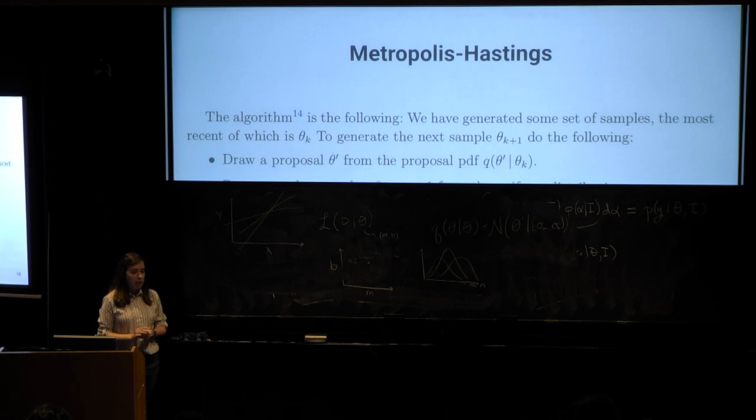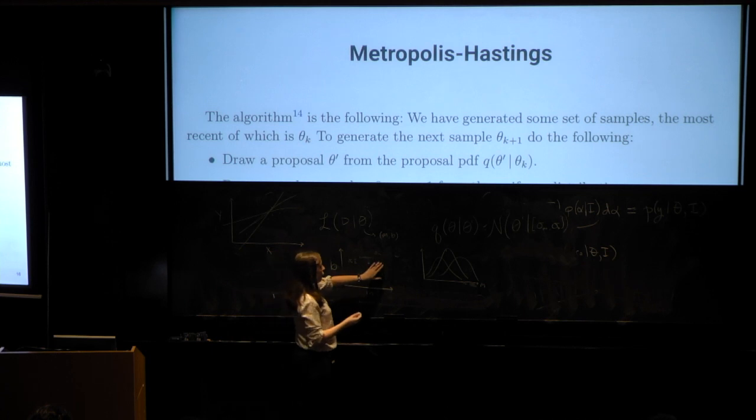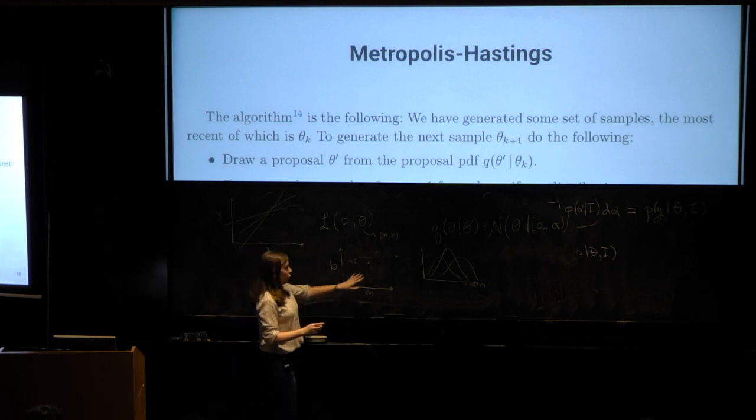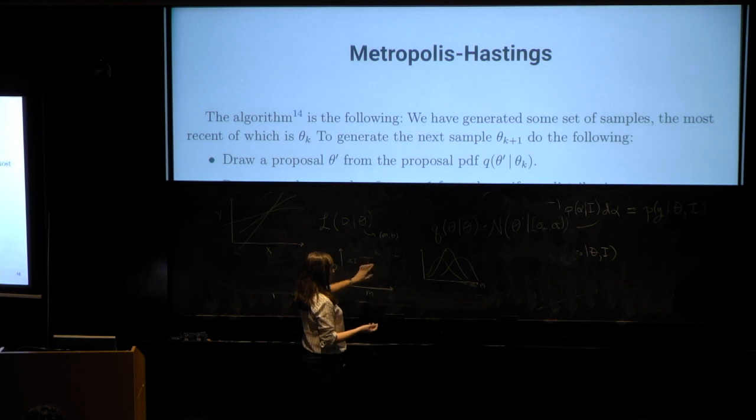So we're going to calculate the ratio of how well each of these samples fit the data relative to each other. If the proposed sample is much better than the previous sample, then I will say, yes, go to that.